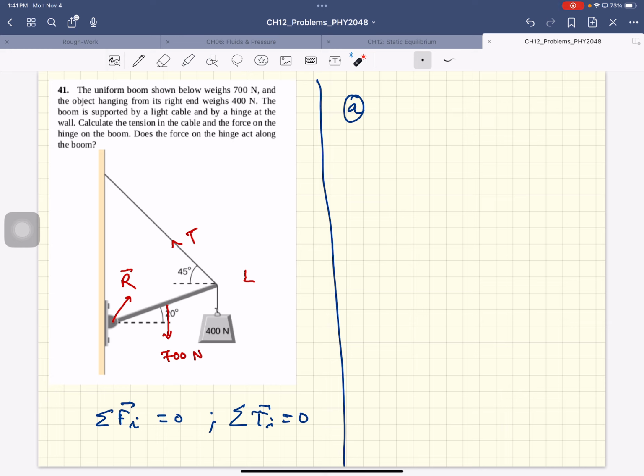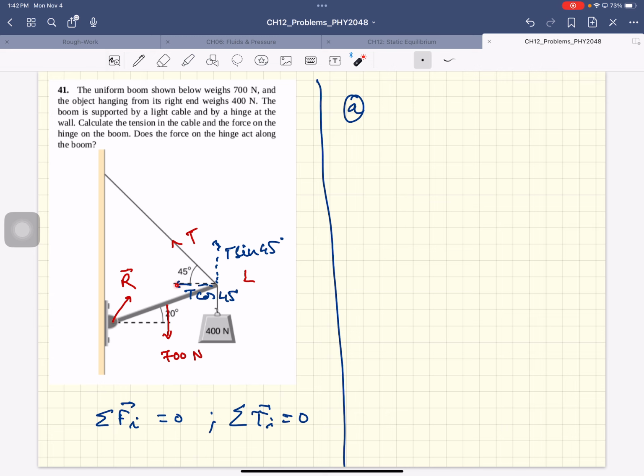Now here's another thing we'll do. This force, the tension, this is T sine theta, and this is T cosine 45. So you have to be careful. We're calculating the torque about this point. There are 4 forces, 1, 2, 3, 4.